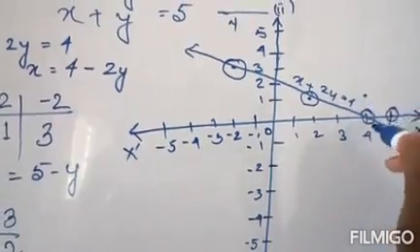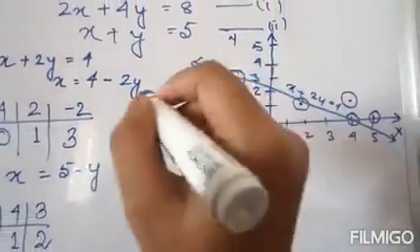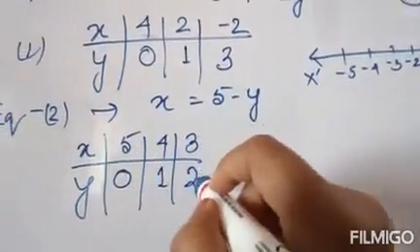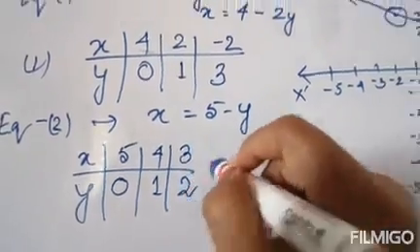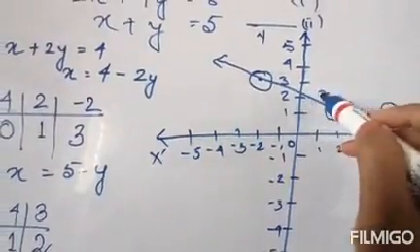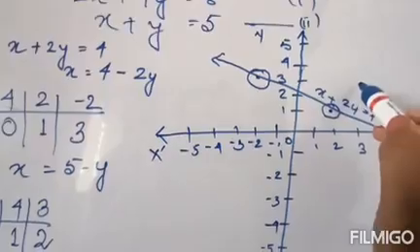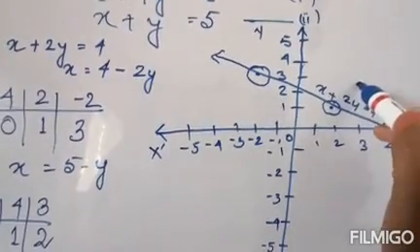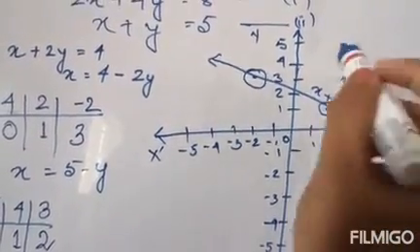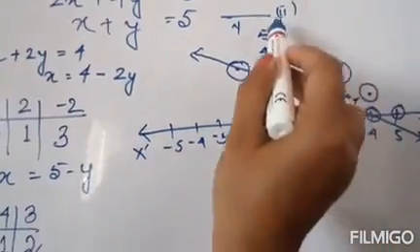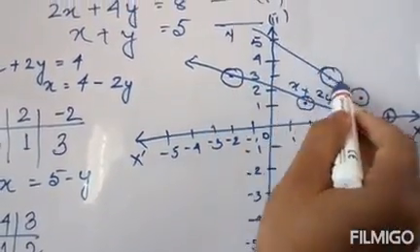And third one, y is 2, x is 3, which means over here. Correct? So we'll draw a straight line again.